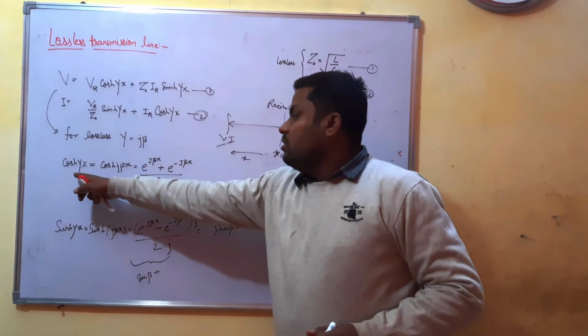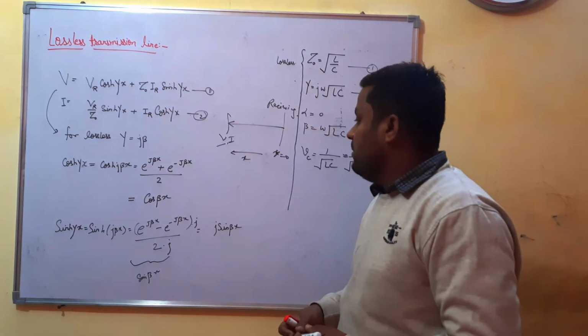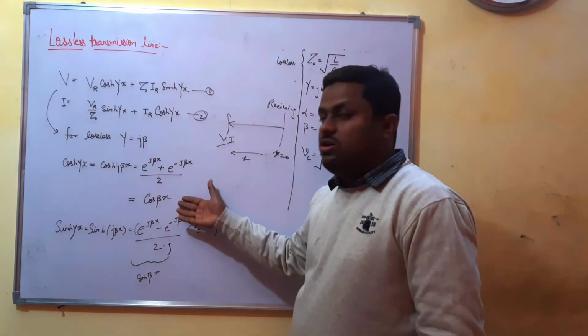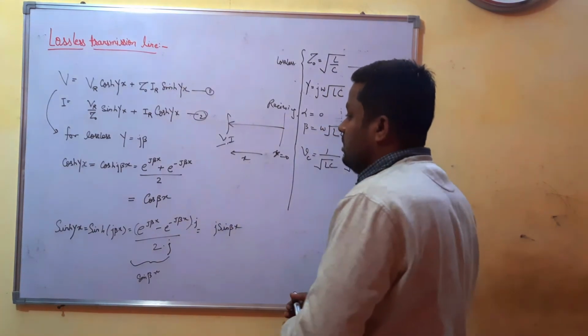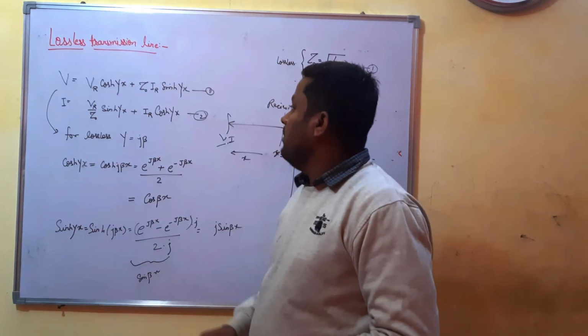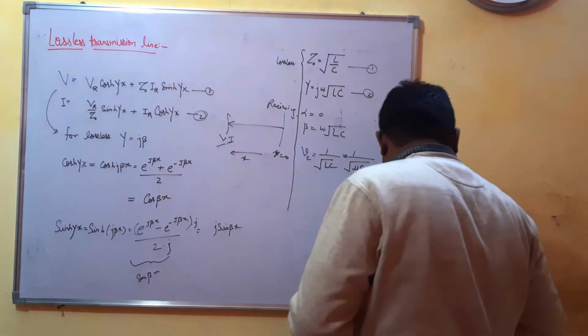We have found the cos hyperbolic gamma x and sin hyperbolic gamma x for a lossless transmission line as cos beta x and j sin beta x. Now put these values for cos hyperbolic gamma x and sin hyperbolic gamma x in equations first and second.